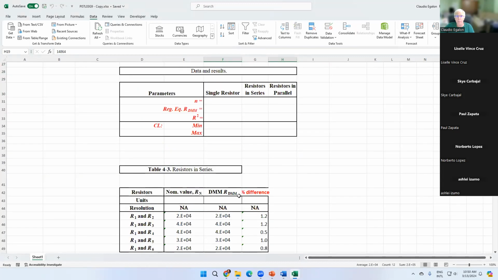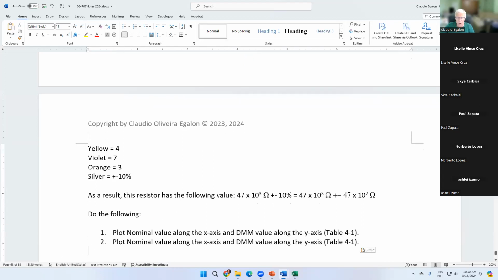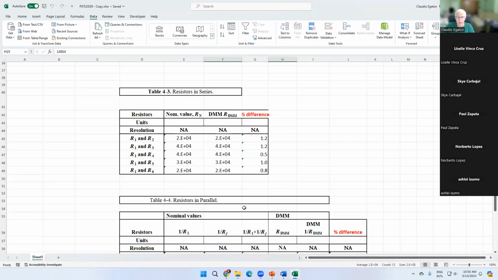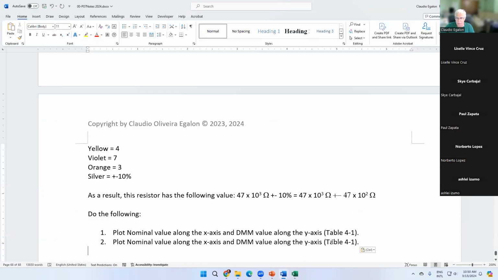Then you go for the next. Repeat for the other two tables. Plot nominal value along the x-axis, DMM value along the y-axis for table 4-3, resistors in series.